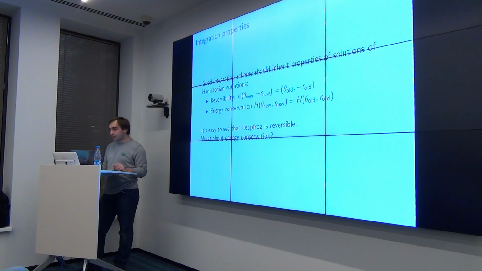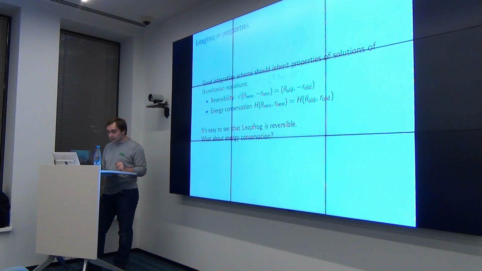It means that if we go from some point theta nu in the reverse direction, and for the same time, we get to the same point which we started from, and our velocity will be reversed. The second important property is energy conservation.